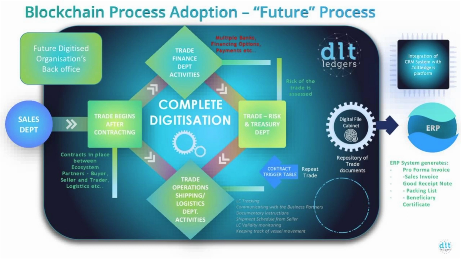Additionally, there is what we call the smart contract trigger table, which we have generated in the last 22 months of our preparation. We have created multiple trigger tables for specific industries. We are agnostic to industries. We have metals and mining, agri commodities, we have oil and energy, we have mechanized trade. All of them have been added in so that the smart contracts can be executed seamlessly or autonomously within the system.